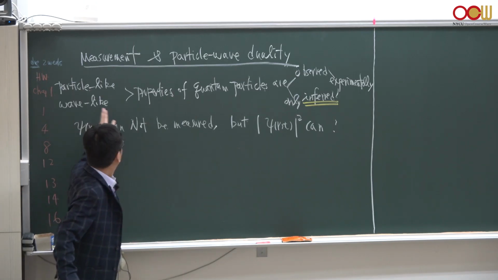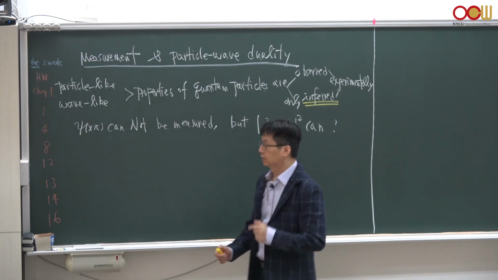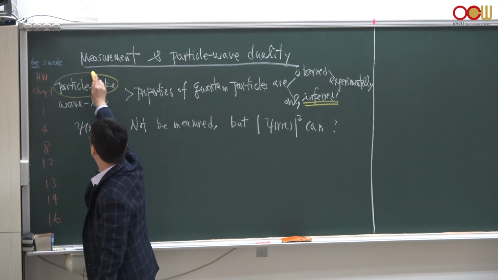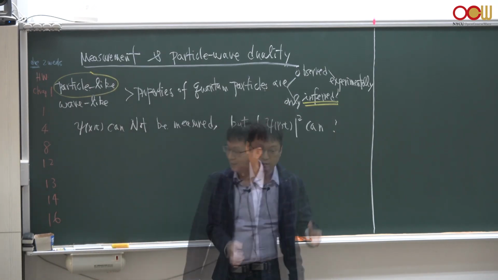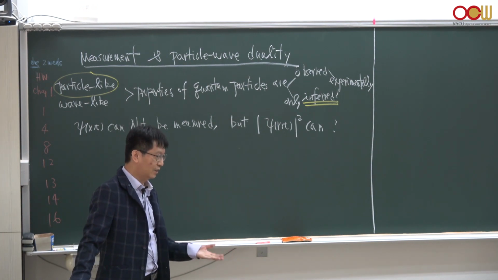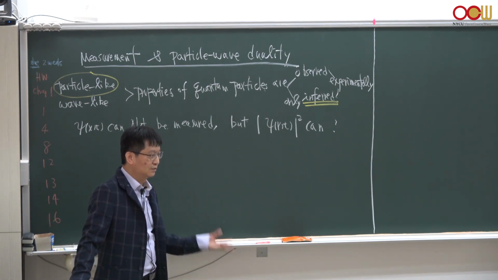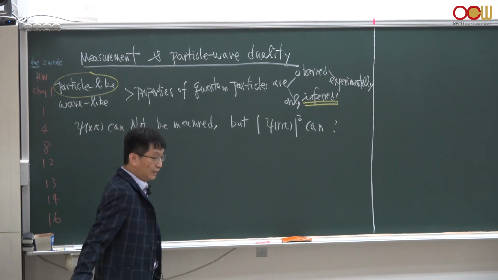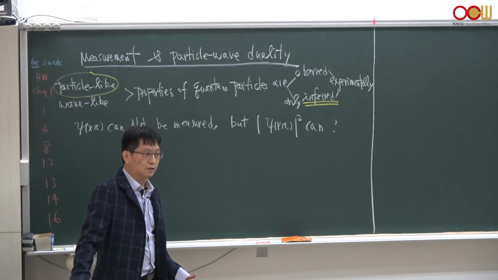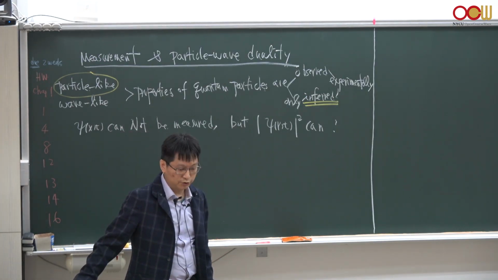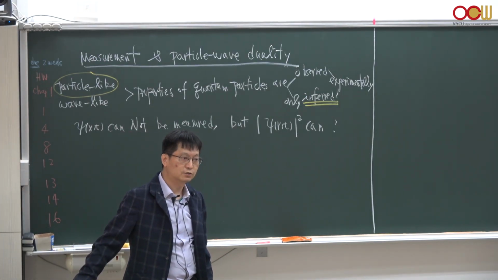You only see the wave-like nature of the system. We will give you an example in just a moment, but this is a very important point: all quantum particles are particles. If you look at this at the atomic level, electrons, photons, whatever quantum particles you name, they are all particles. But sometimes the particle nature of those quantum particles does not show up, because you design experiments which do not allow this possibility to show up.